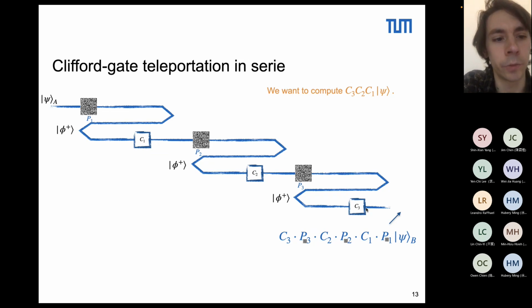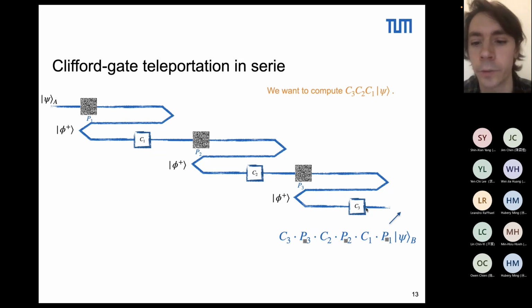Then we apply the first noise, and then the first Clifford, then the second noise, second Clifford, third noise, third Clifford. We follow the wire. And then we end up with this state at the bottom, which looks almost like what we want, but there's a lot of Pauli gates that are interjected in between.